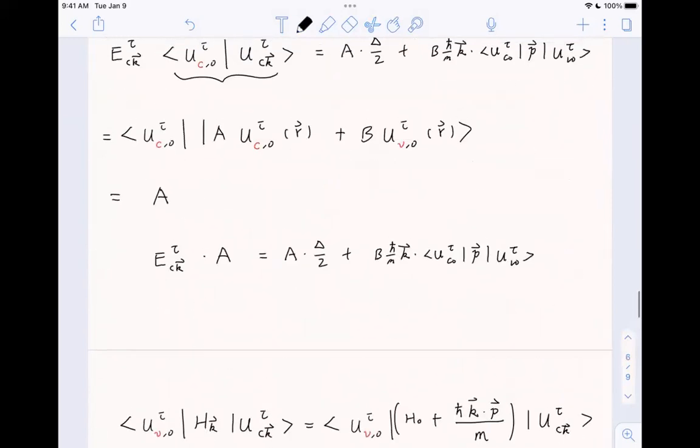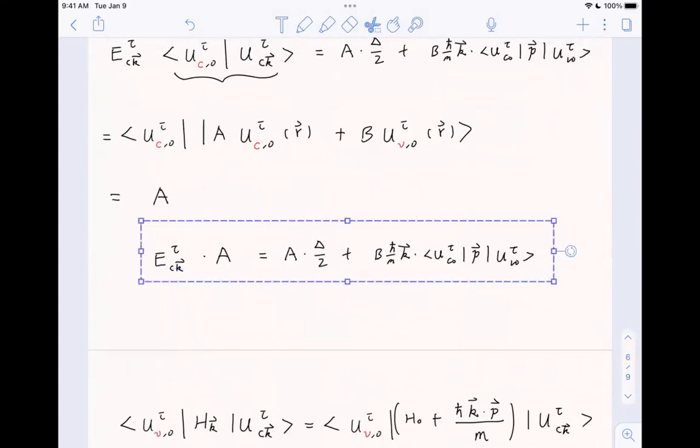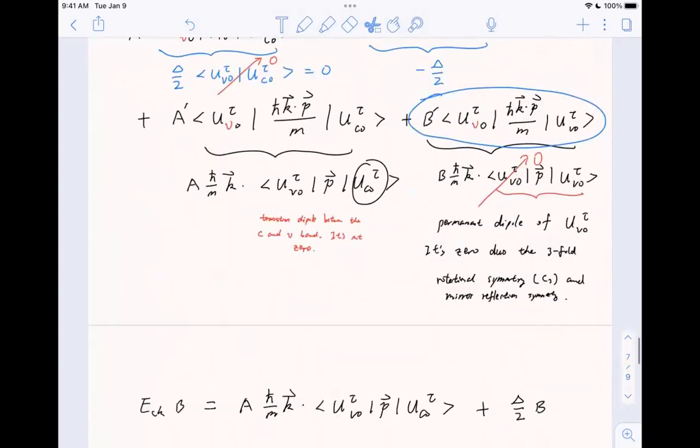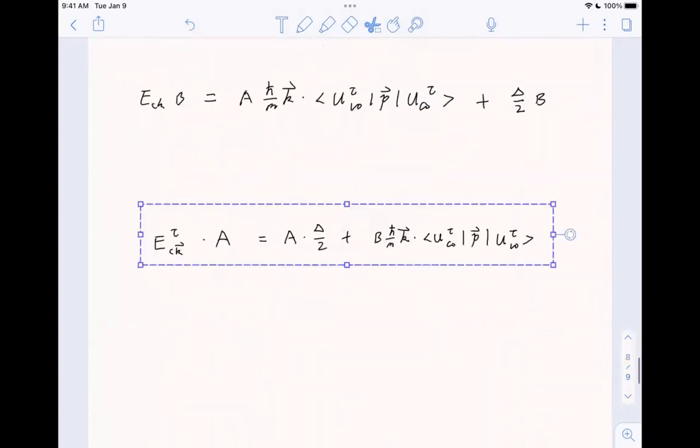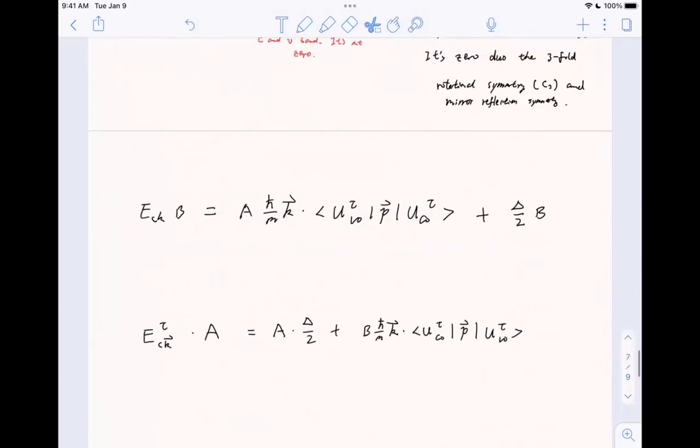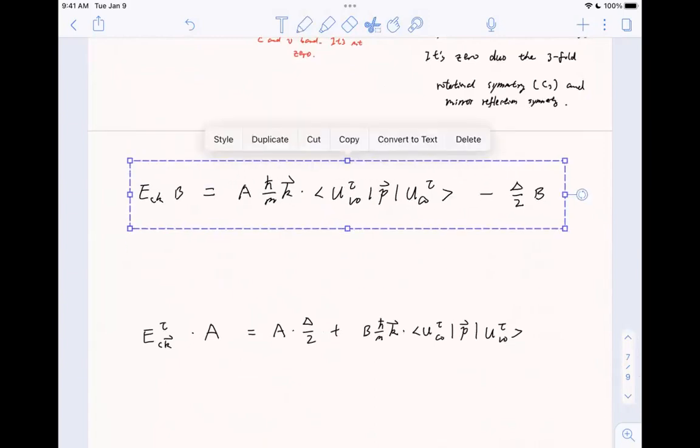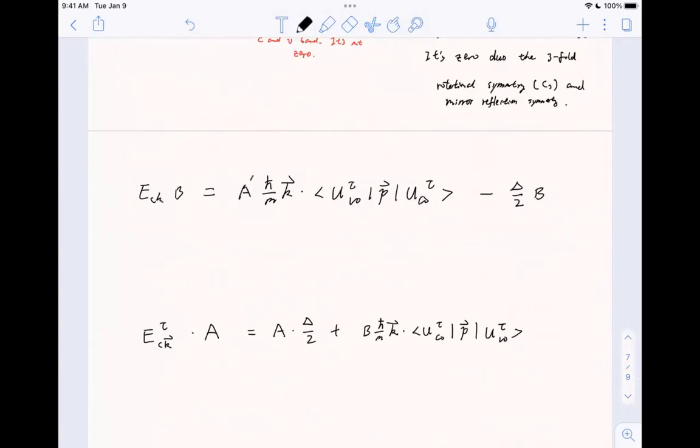So this is the first equation, so we combine them together. Is that negative? Yeah, negative. Okay, fine. Thank you for the correction.